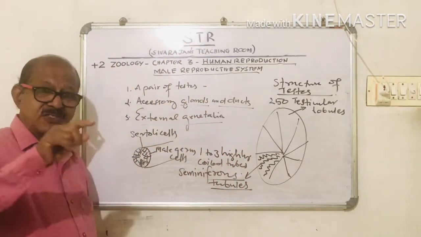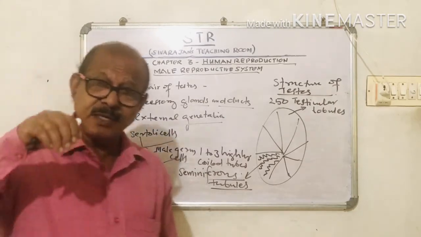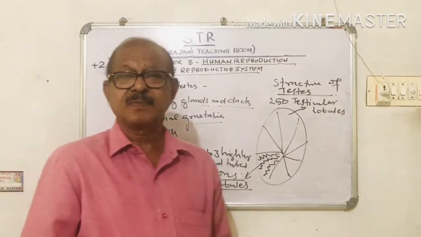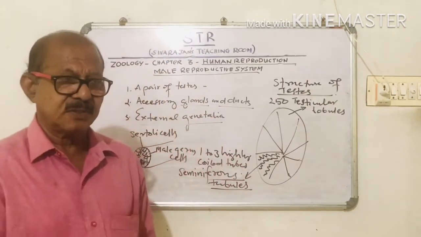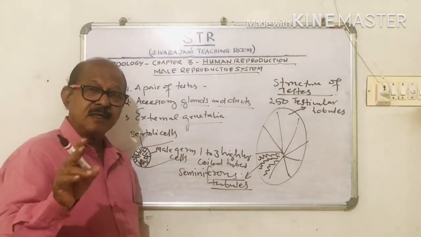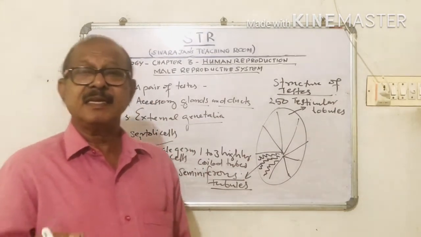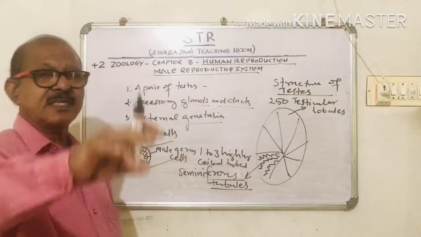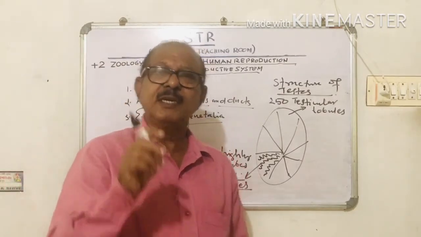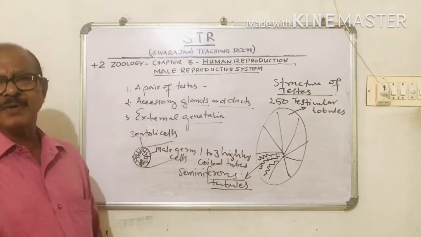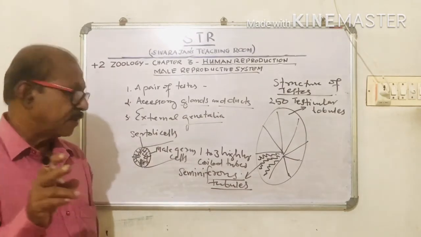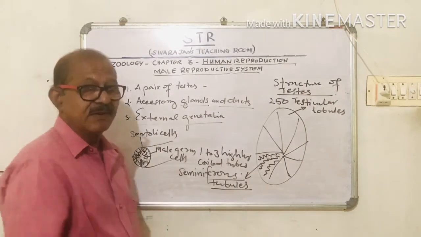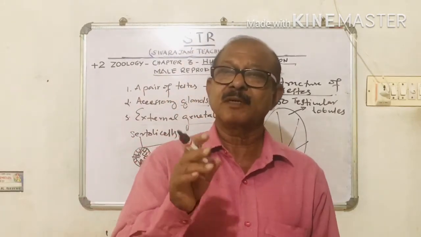So the Sertoli cells are elongated cells seen inside the wall of the seminiferous tubule, and they project into the lumen of the seminiferous tubule. And what is their function? They nourish the developing sperms. And the other cells are the male germ cells. The male germ cells develop into the sperms.